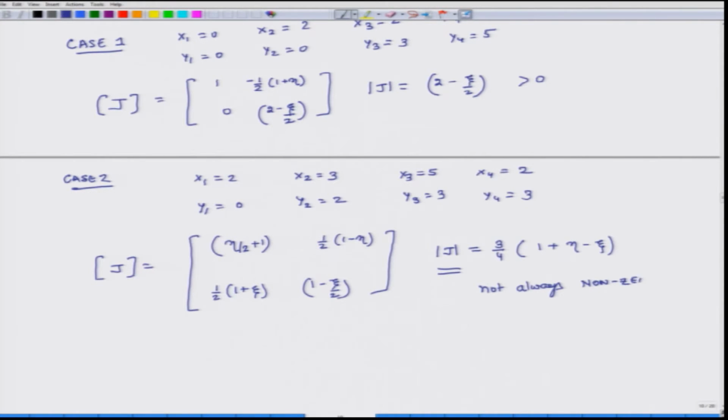We have not talked about positive and negative so far. Even if we find one single point where it is zero, then the transformation will not work. For example, when zeta equals 1 and eta equals 0, the Jacobian comes to be 0.